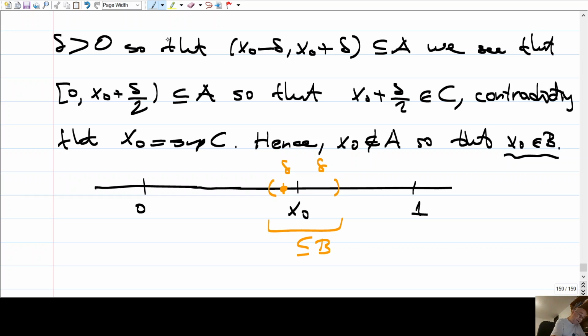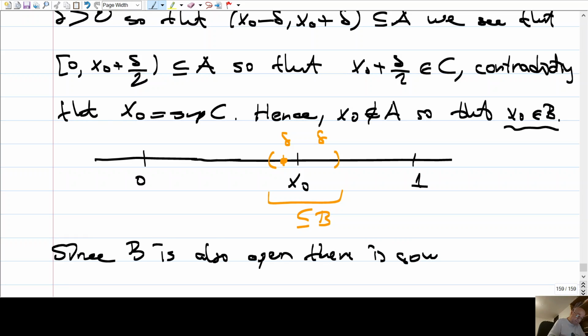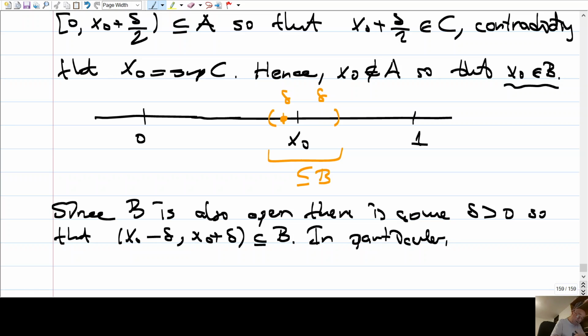Okay, let me write that down. Since B is also open, there is some delta positive, so that x0 minus delta, x0 plus delta is in B. In particular, x0 minus delta over 2.